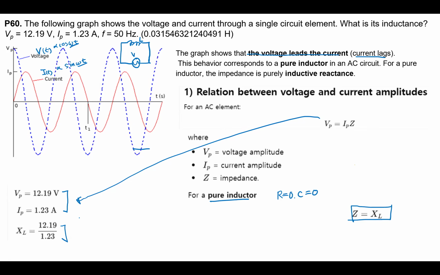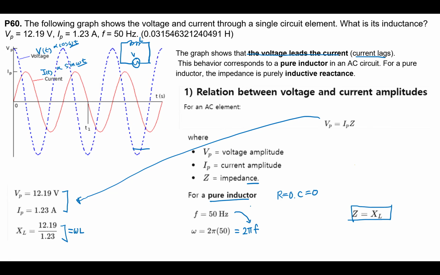XL is given by omega times L. And it is, once again, necessary to find omega, which is 2 pi f.